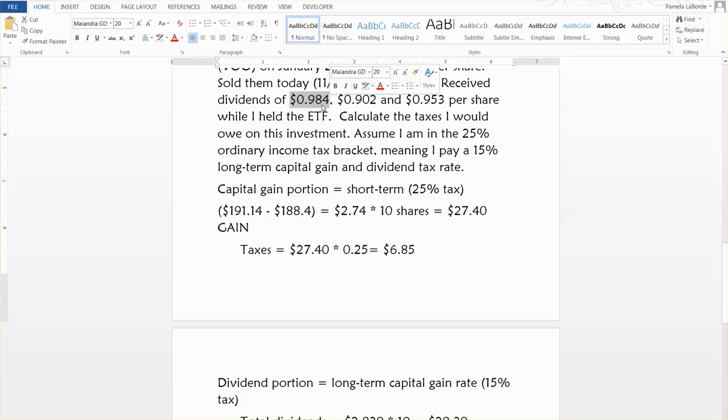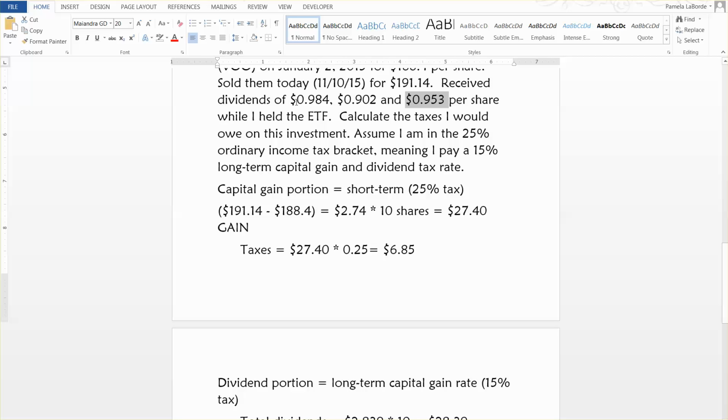The 98 cents per share times the 10 shares that I owned. The next time they paid dividends, it was 90.2 cents per share and I owned 10 shares, I got $9.02 credited in my account. And the next time they paid dividends, I got $9.53.